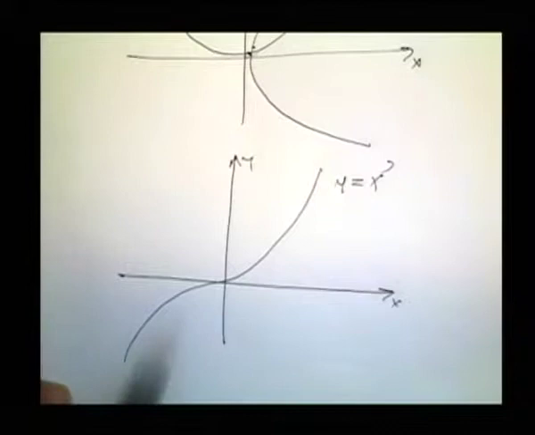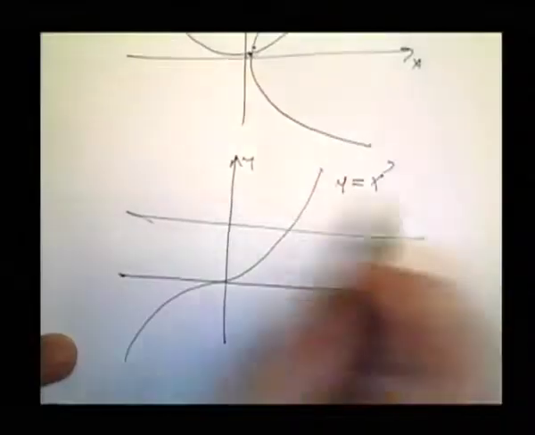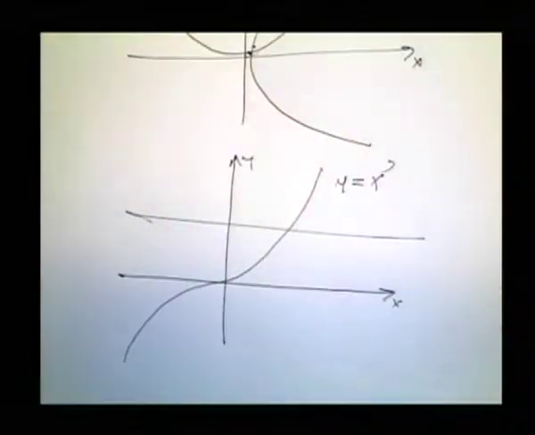If you go back to this curve here, for one value of x you get one value of y. If you change the ordered pair, the y values become the x values. So for one value of y, you end up getting one value of x.